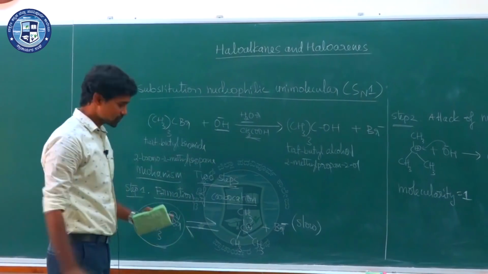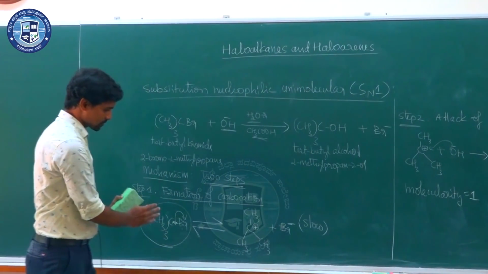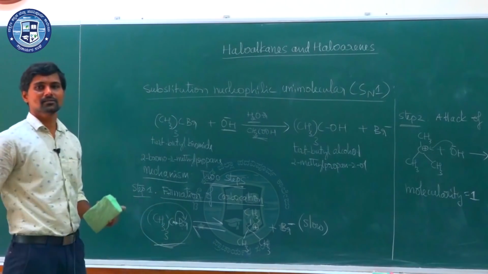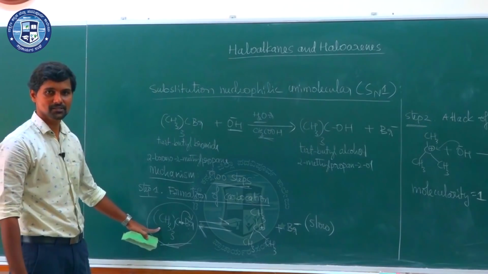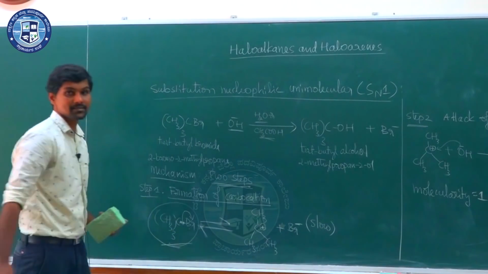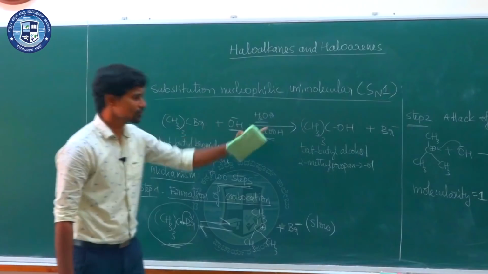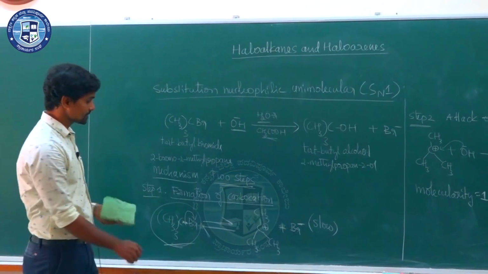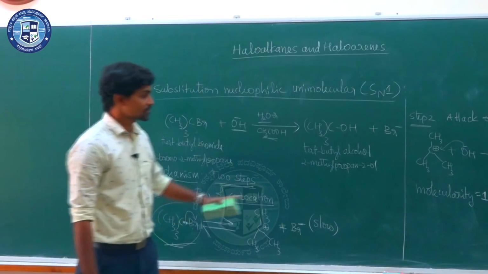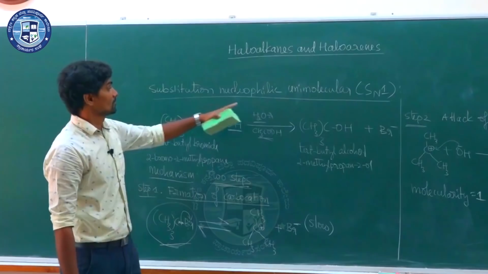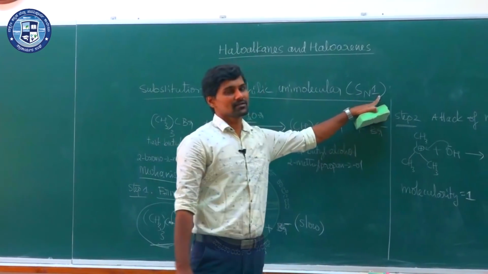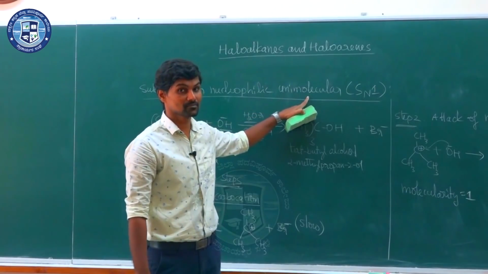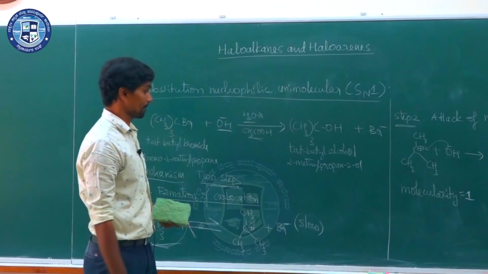So product formation depends upon the alkyl halide itself, it does not depend on the concentration of the OH minus ion. That is the reason the molecularity of this reaction is 1, and that is why it is SN1, substitution nucleophilic unimolecular, the reaction is unimolecular.